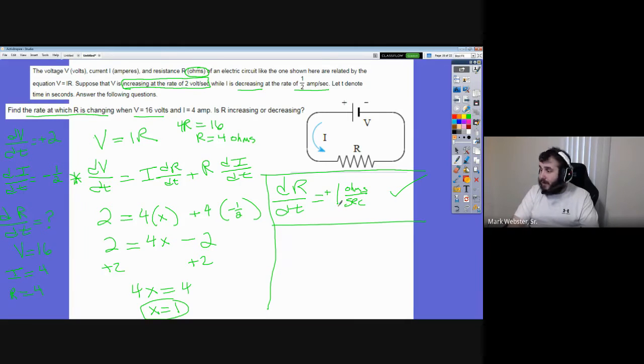So if your rate is positive, it's increasing. If the rate is negative, it's decreasing. If it's 0, it's staying the same at that point. So here, the answer to part 2 is increasing.